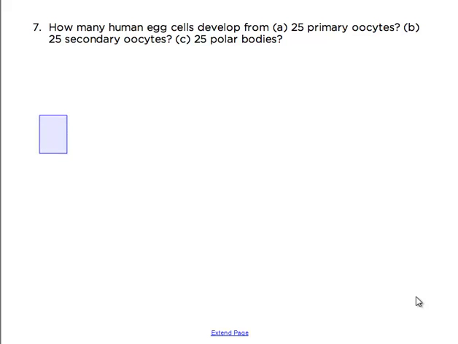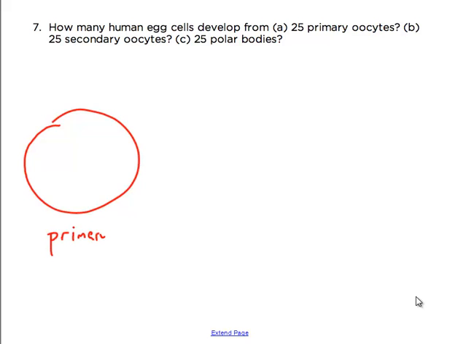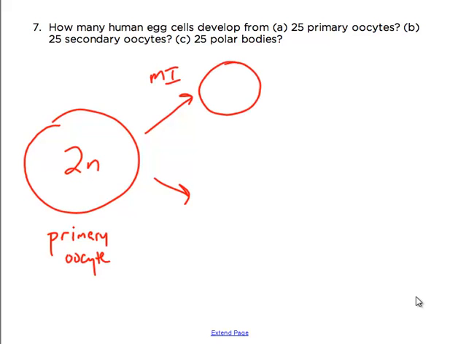So we'll draw a similar diagram. In females you start out with a primary oocyte, which is diploid. After meiosis I, you end up with 2 new cells that are haploid, but here's where the difference begins.